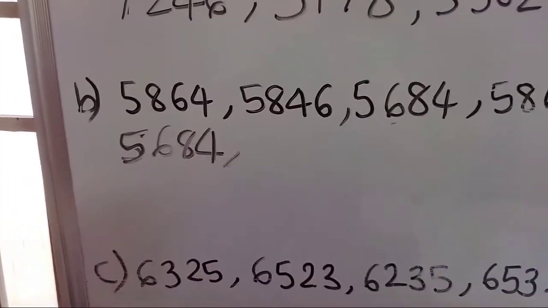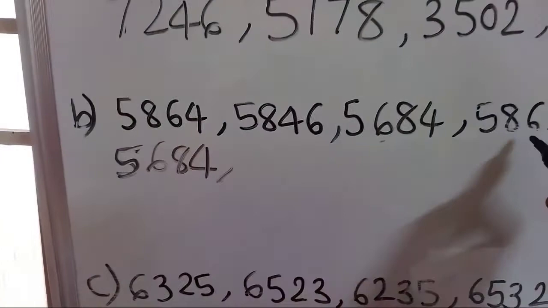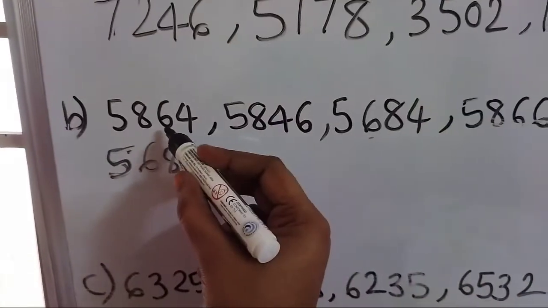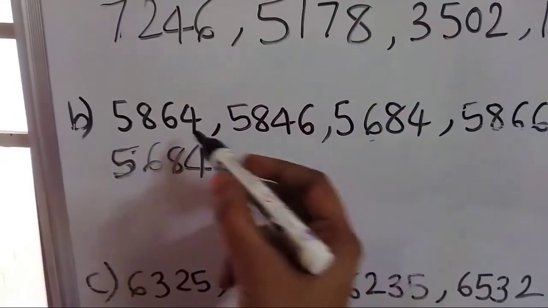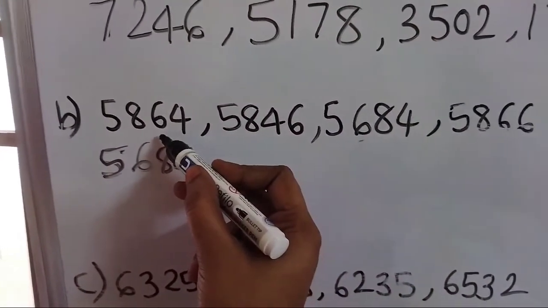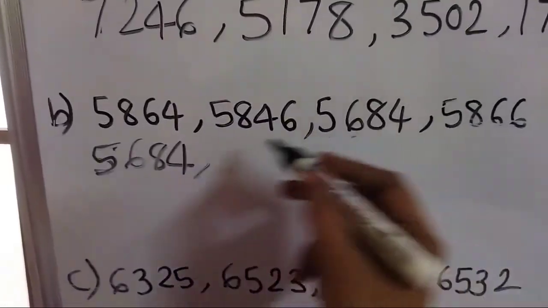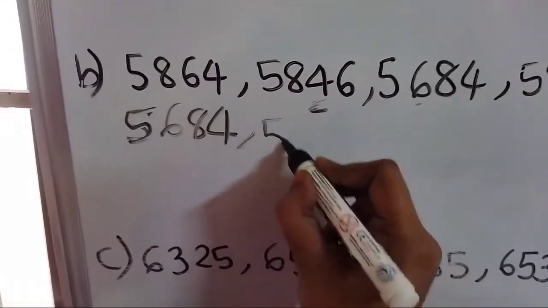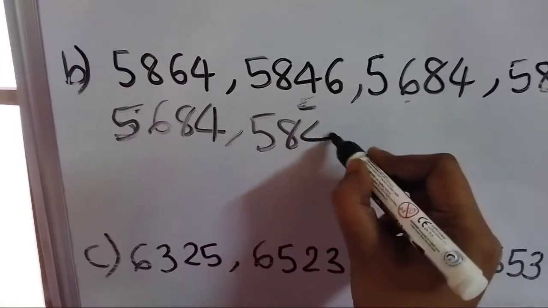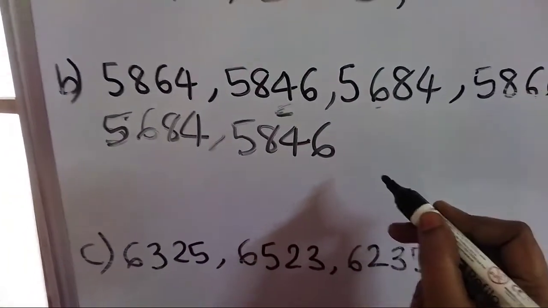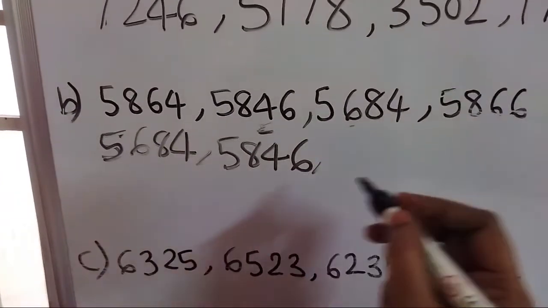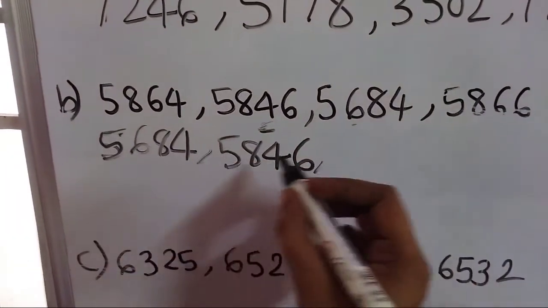For the next smallest number, hundreds place is the same in all our numbers, so we go to tens place. In tens place, what is the smallest digit? 4 is the smallest digit. So we write 5846. Don't confuse children. Slowly we recognize the smallest and biggest.